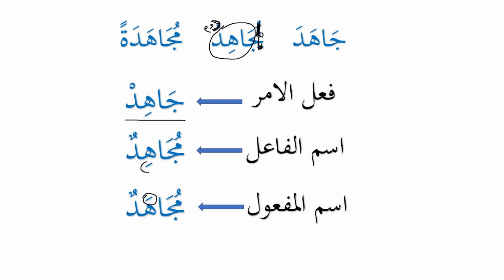So when we have kasra on the second last root letter, it is ismul fa'il, and when we have fatha on the second last root letter, then it is ismul maf'ul. Is this clear? So we have jahada yujahidu mujahadatan, baraka yubariku mubarakatan. So we will say barik, and we say mubarik and mubarak, right?